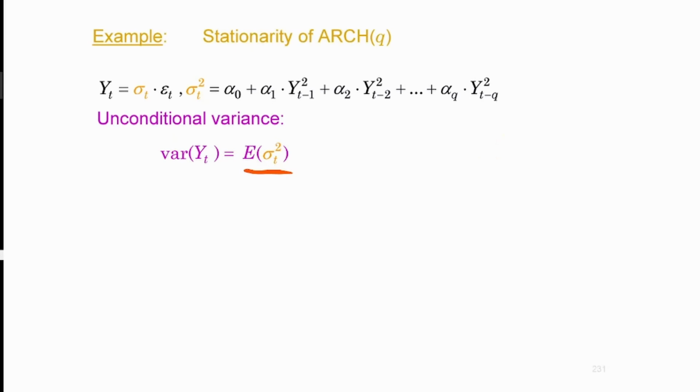What does the law of total variance say? It says that the unconditional variance is equal to the variance of the conditional expectation plus the expectation of the conditional variance. But that's not what I'm going to look at.